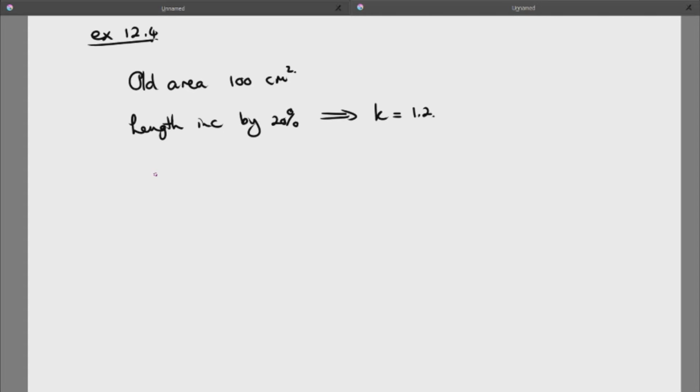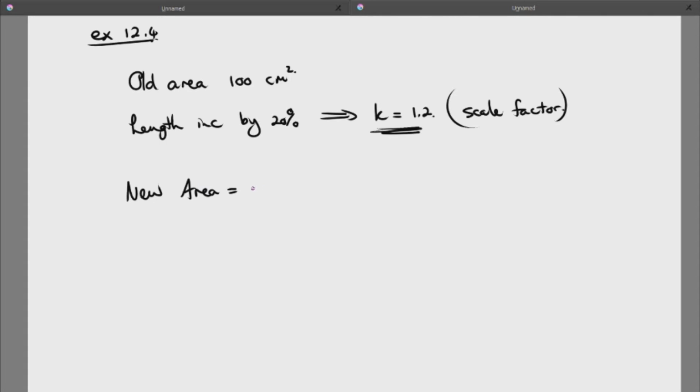They ask, what is the area of the new shape? Actually, we've already answered the second part. What is the scale factor is right there. So the questions are a little shuffled around. Scale factor is 1.2. Now let's go back to their first question. What is the area of the new shape? So now I'm using new area.